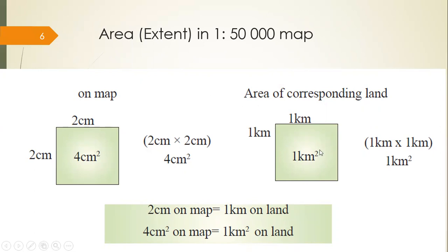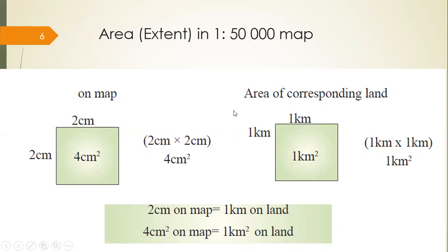How do you find it as 1 square kilometer? Now you know that 2 centimeters distance at a side, say the width of the part of the map, is showing you 1 kilometer. The other side, say the height, again is the same: 2 centimeters of the map is 1 kilometer of real ground.